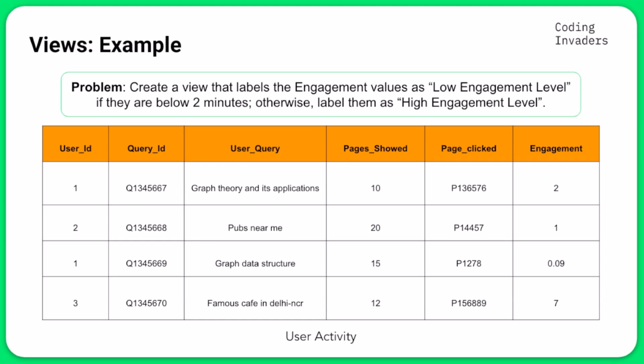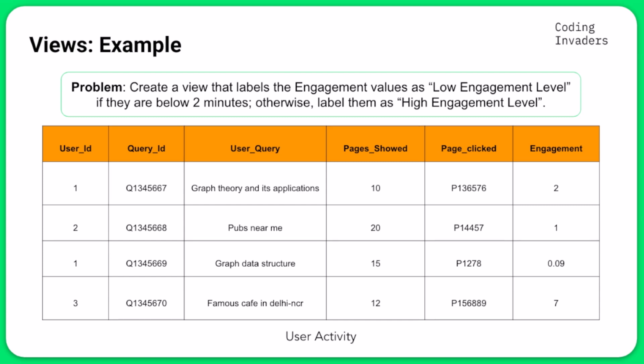Now, what are they asking? They want to create a new column, or a new table, from this engagement value. If it is below 2 minutes, it should be named low engagement level, and if it is greater than 2 minutes, it should be labeled high engagement level.